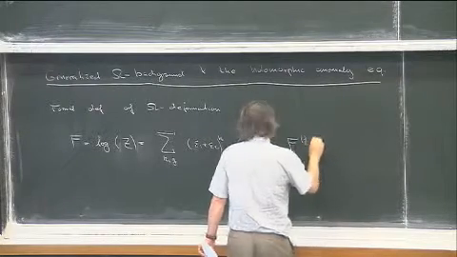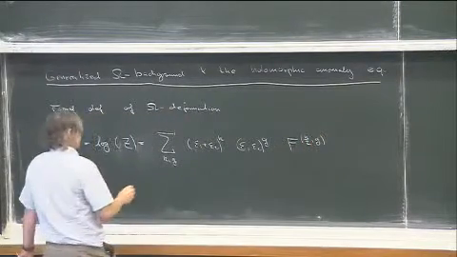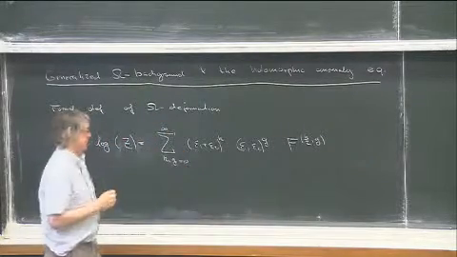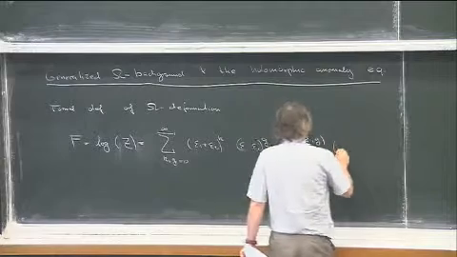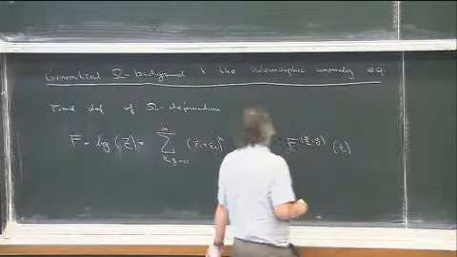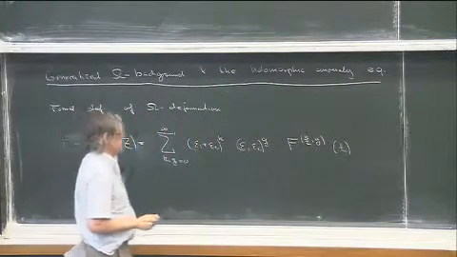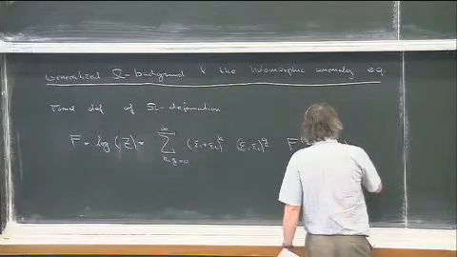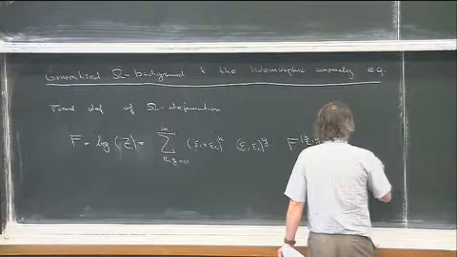So you see, G should remind you of the genus, and K is another integer, and then you have functions which are indexed by these two integers and which depend on the Kähler parameter. So this would be the Kähler parameter of the A model.